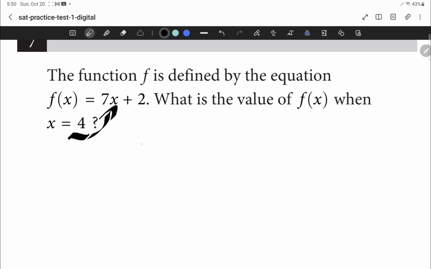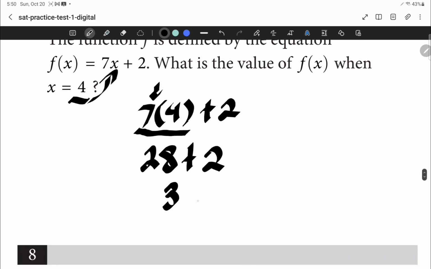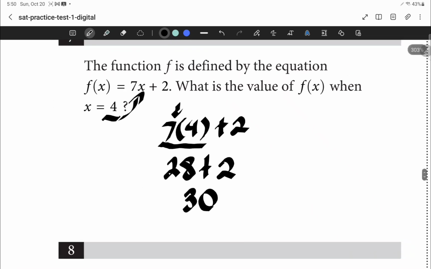So instead of putting x, we're going to put 4. So I put 7, then parentheses, because we're plugging something in, and then plus 2. Now, if you don't remember, whenever you have a number right next to parentheses, that means those two have to multiply. So in this case, it's going to be 28 plus 2, 30.